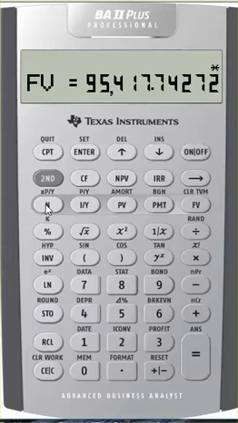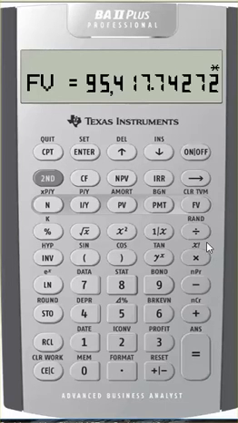Number of periods, make a change there if necessary, and then incorporate the interest rate or the interest factor, put in the annuity amount, as I indicated here, 3,000 divided by 4, and then compute future value.